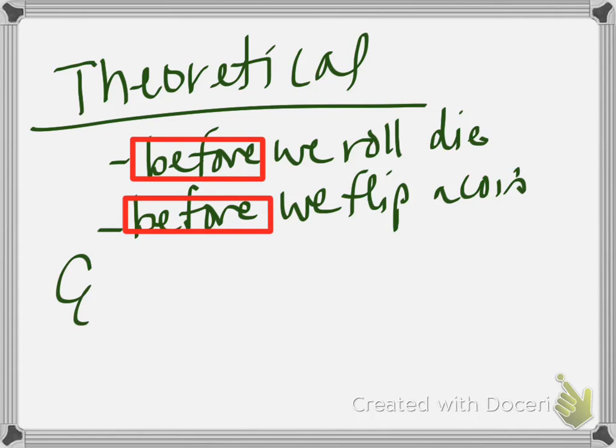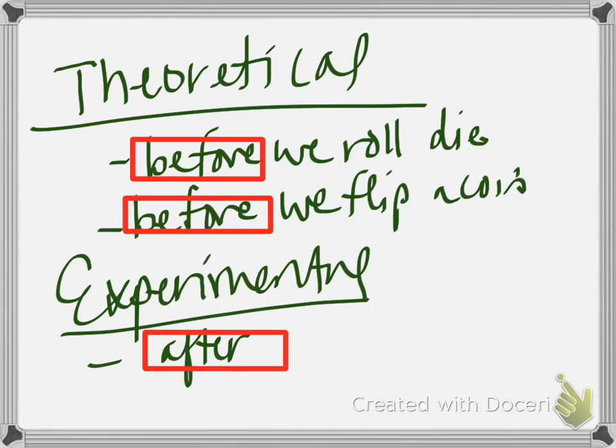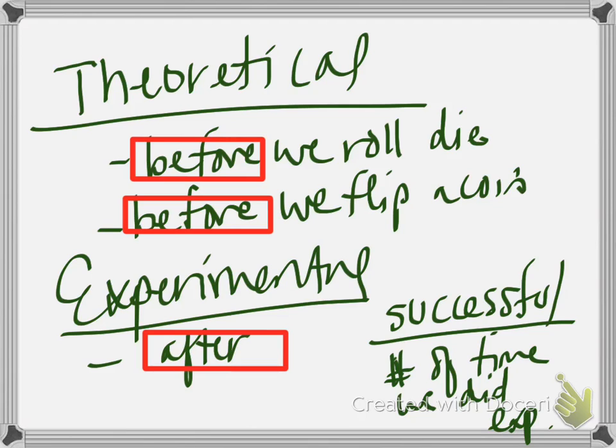Okay, our experimental probability is after. Okay? After. And that takes into account our successful outcomes or events over the number of times we did the experiment. Okay?